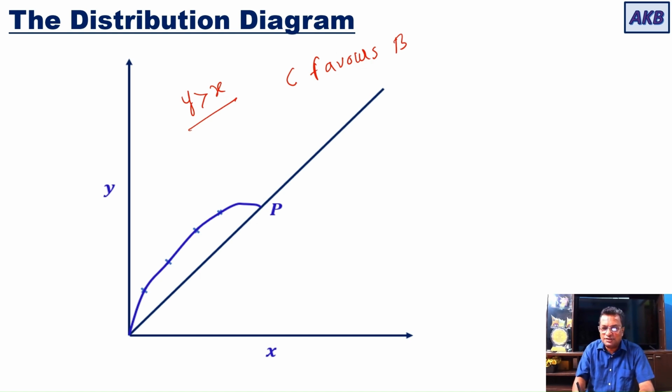For the other case, that is when C favors A, the distribution curve will be lying below the diagonal line. For example, it may be like this.